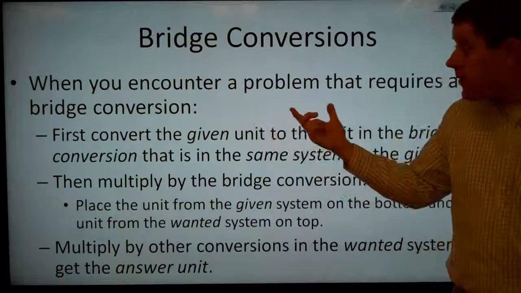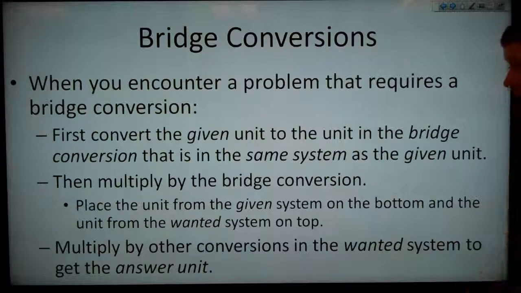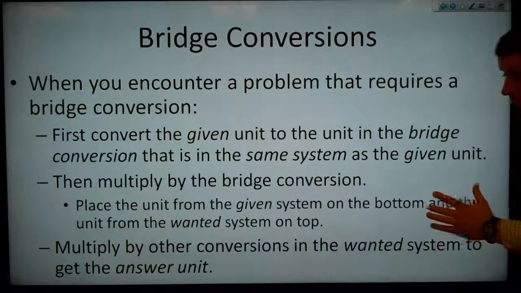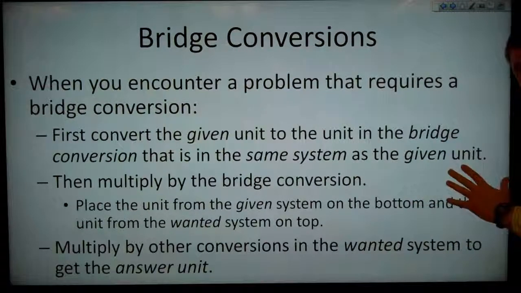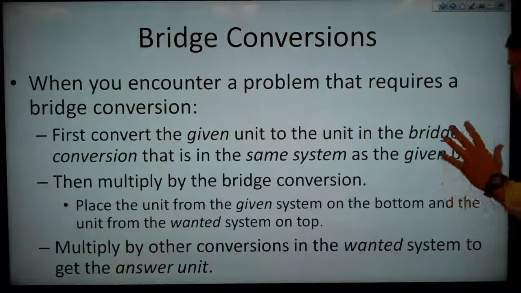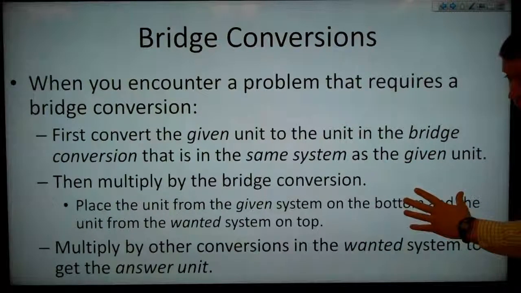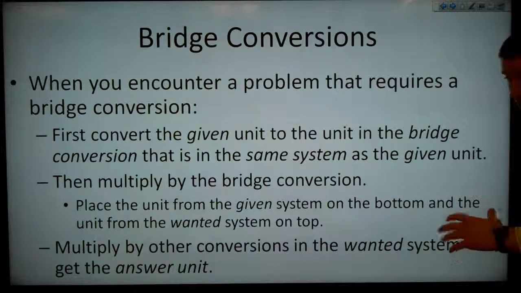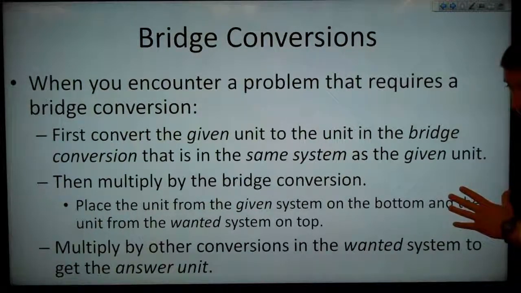When you encounter a problem that requires a bridge conversion, first convert the given unit to the unit in the bridge conversion that is in the same system as the given unit. So if you're going from miles to kilometers, you convert to inches. Then you multiply by the bridge conversion, and you place the unit from the given system on the bottom and the unit from the wanted system on the top.